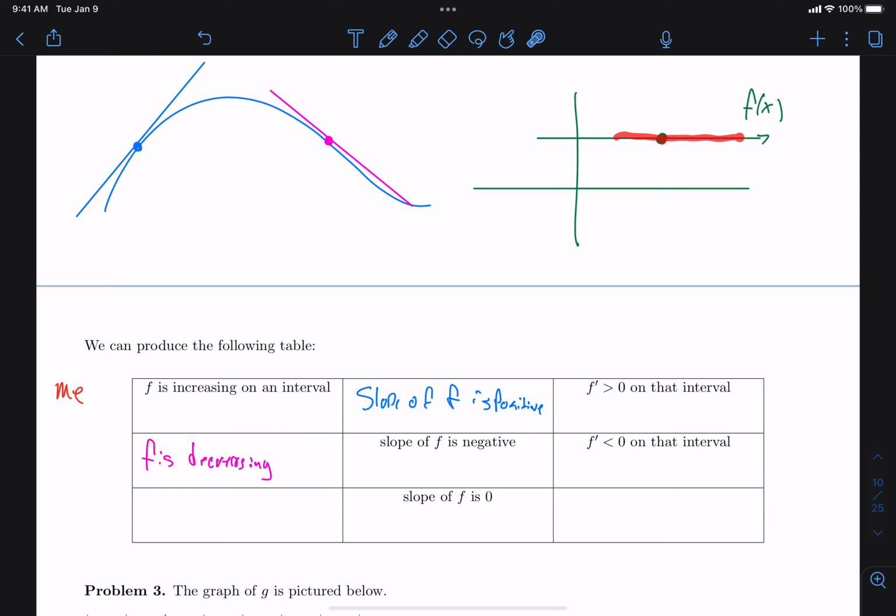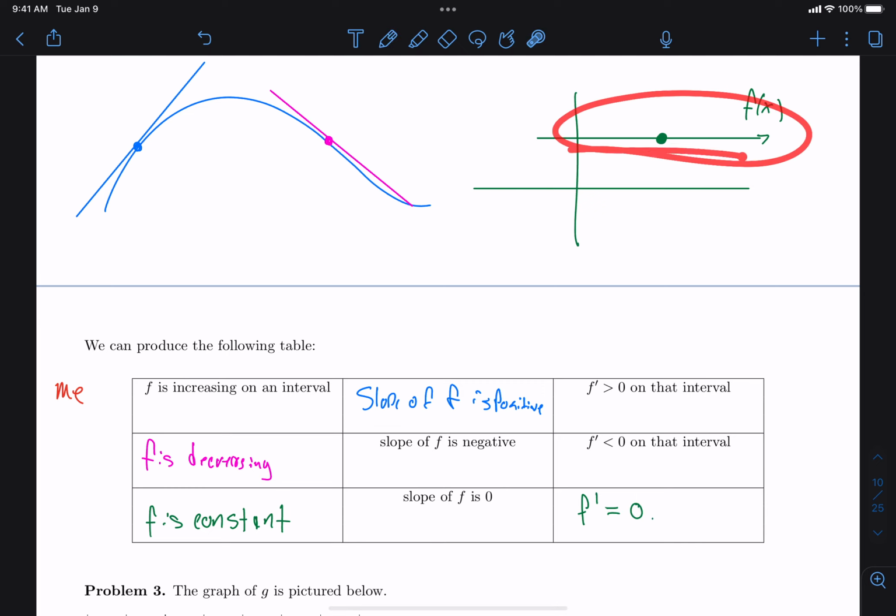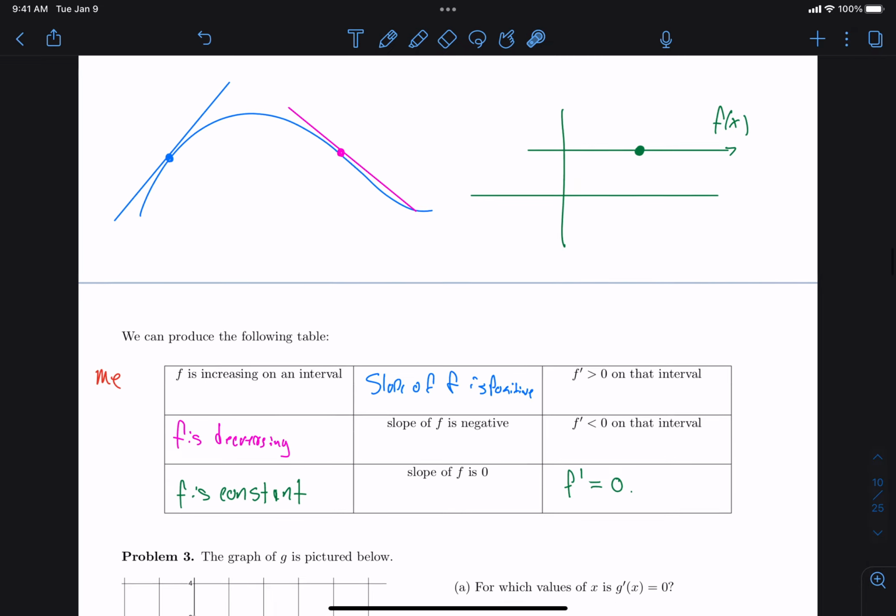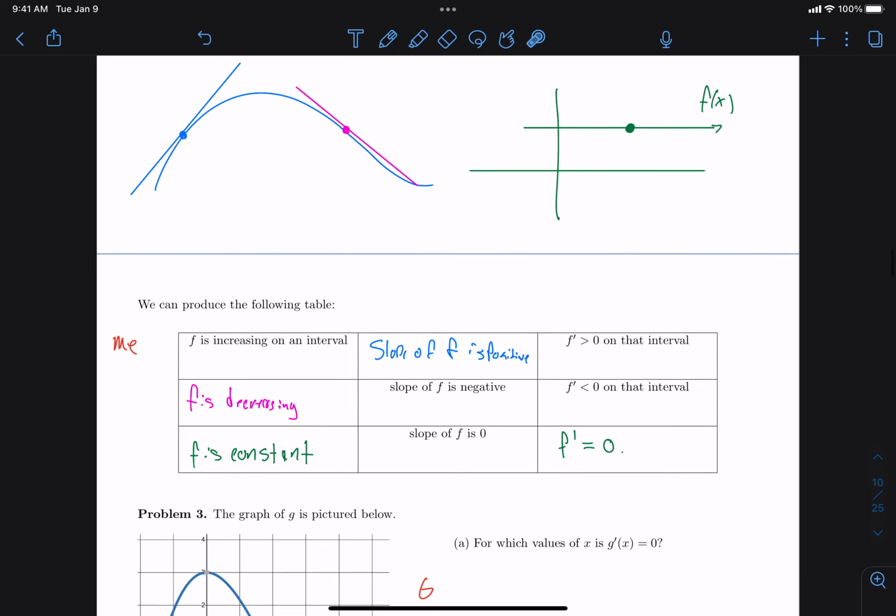So we would say that f is constant when the slope is 0. And the slope is the derivative, right? So f prime is actually equal to 0 when we have a constant function. Okay, we're not even supposed to learn that until later on, but I'm giving you that one for free.